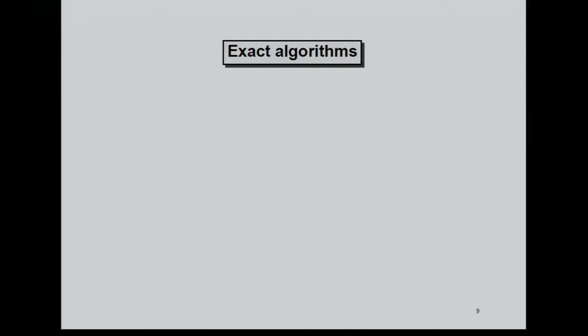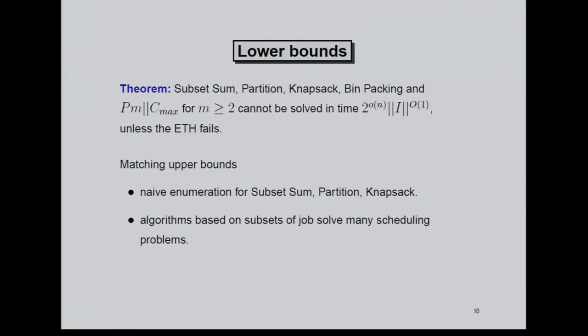So I start with exact algorithms and show you one example, what most of you probably know. I show you that subset sum, partition and other problems cannot be solved in time 2 to o(n). And there are also some matching upper bounds for this, what we have seen also in one talk before in the morning.